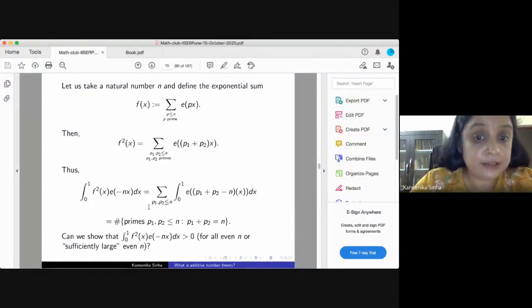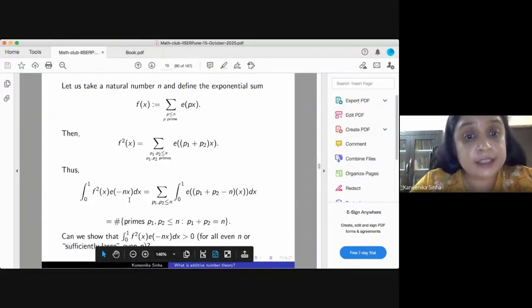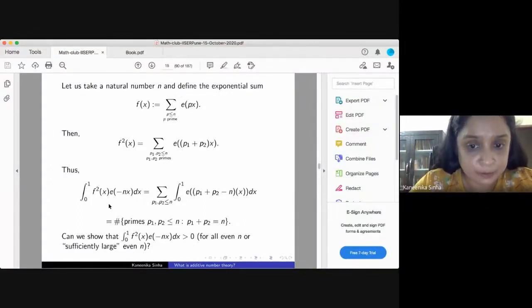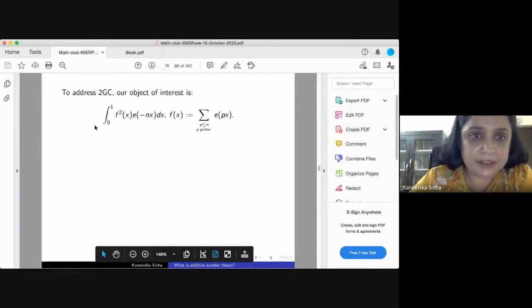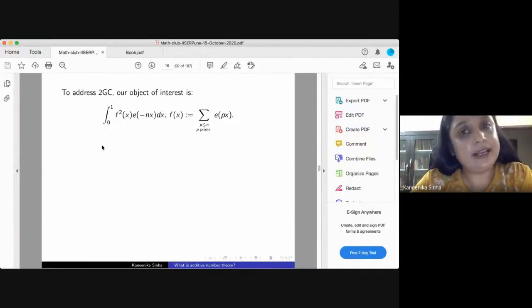If you can show that the left-hand side is positive for all even n, there you go, you've got the binary Goldbach conjecture. If you can show that this is true for sufficiently large even n, that is also good. You don't have binary Goldbach in its entirety, but you have it for almost all even integers. So to summarize, this now becomes our object of interest, an integral. We convert a counting problem into a problem of calculus.